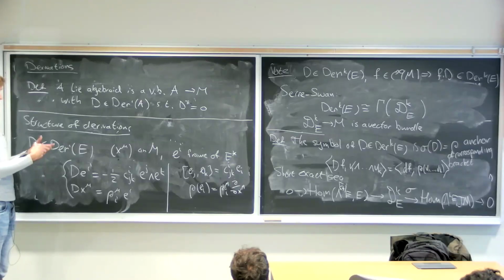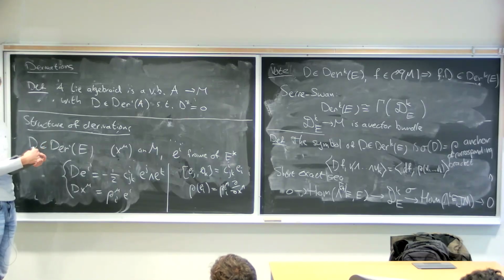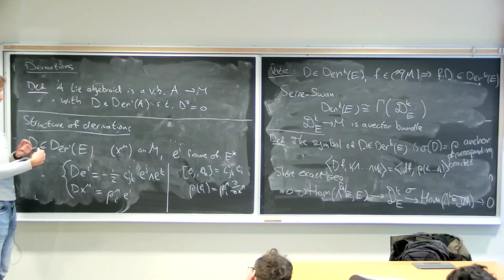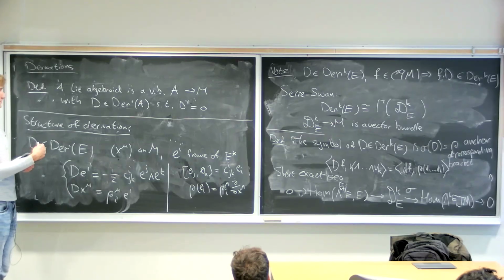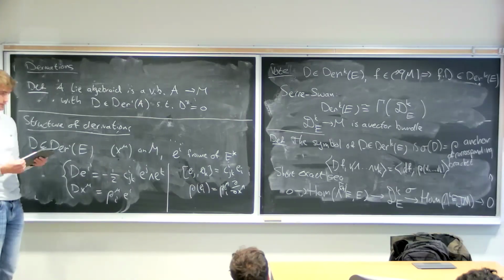Another way of seeing it is if you get a pointwise bracket on the fibers of E that takes k plus 1 arguments with a symbol 0, it gives rise to a k derivation.